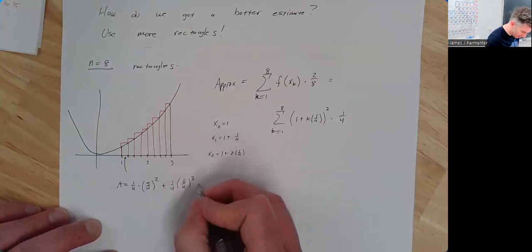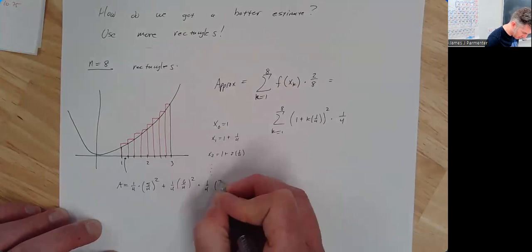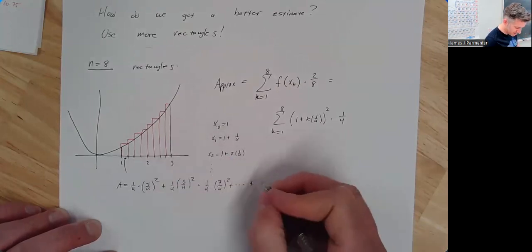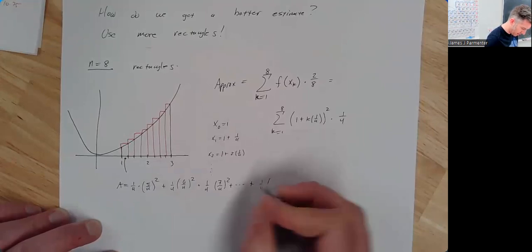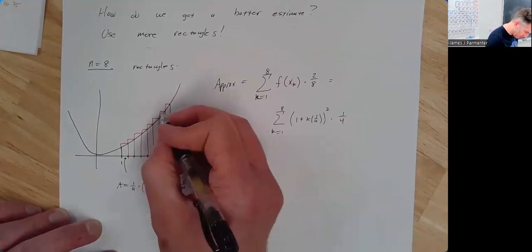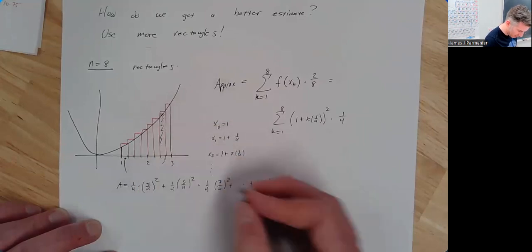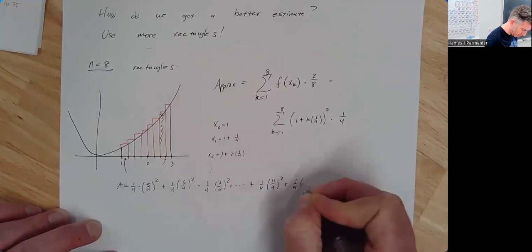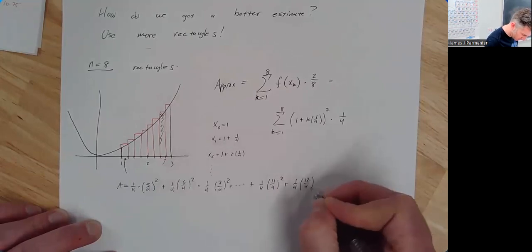And we're just going to keep repeating that pattern. 1/4 times 7/4 squared, all the way till the very last rectangle. Let's do the second to last rectangle. 1/4 times that one here. This rectangle has a height of, if we plug in, 11/4. And the last one has a height of, if we plug in 3, which is 12/4.